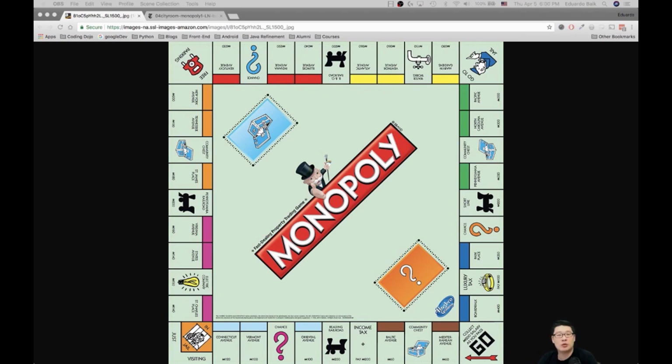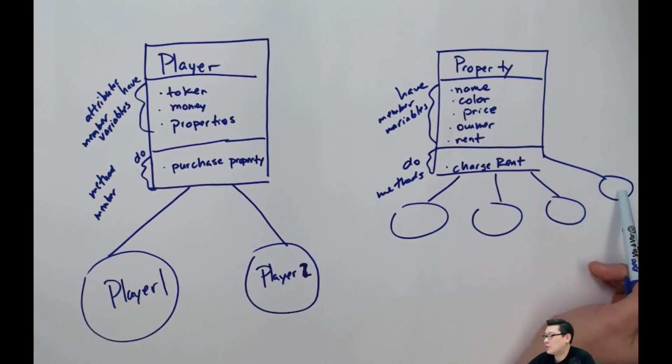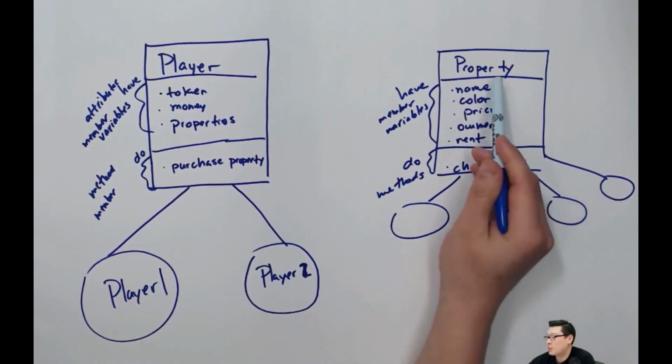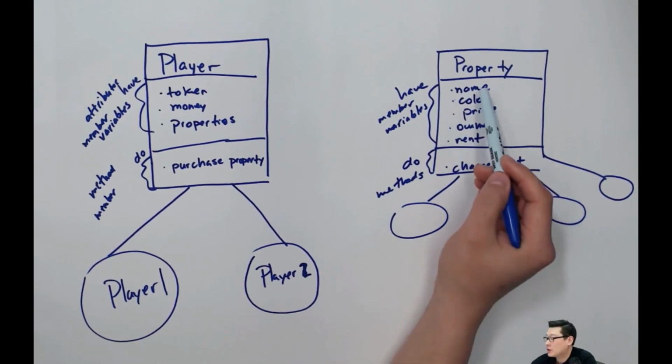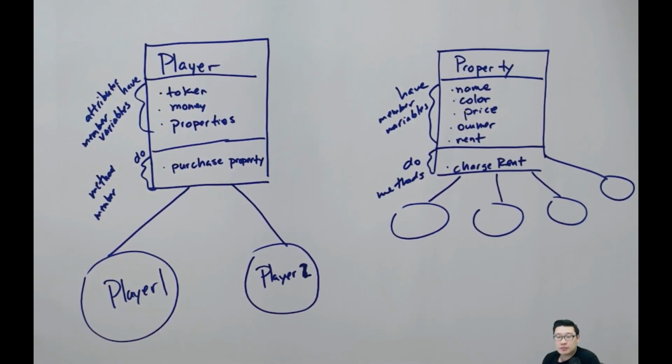And the beauty of OOP is that all these objects of the property class have their own name, color, price, owner, rent, and charge rent method. And this is a concept in OOP called encapsulation, where the object itself is responsible to hold its data. So this is OOP with Monopoly.